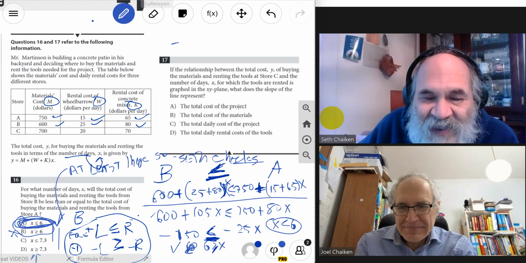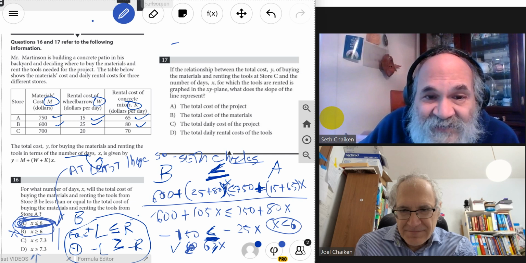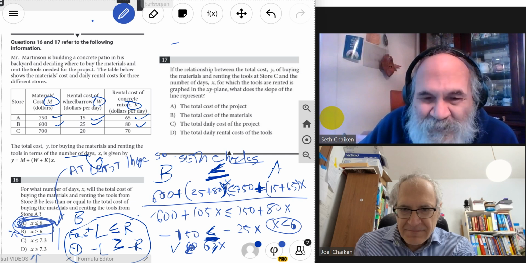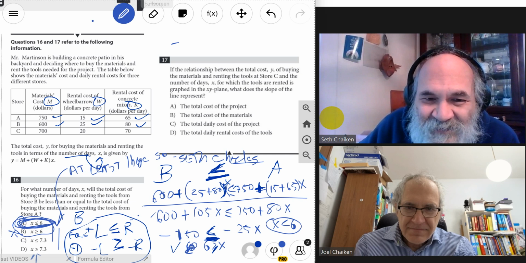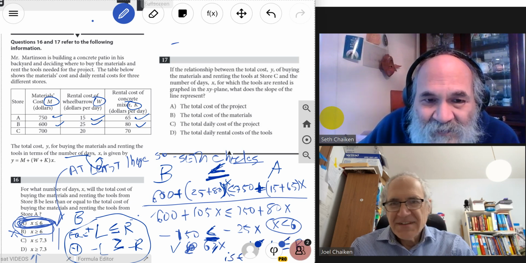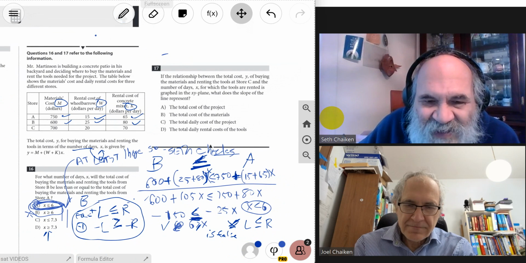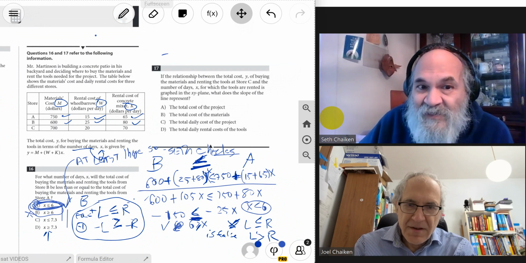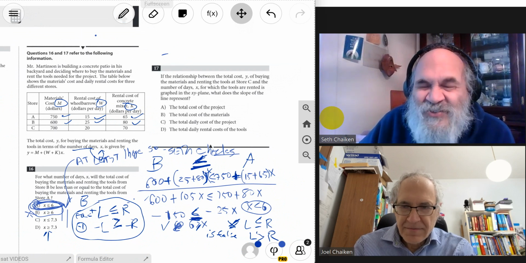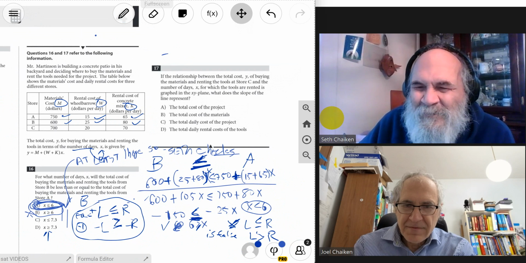Because they'll say L is less than or equal to R. If you negate it, in other words, say L is less than or equal to R is false, that's equivalent to L being greater than R. To make it false, you change it to a strict inequality the other way.